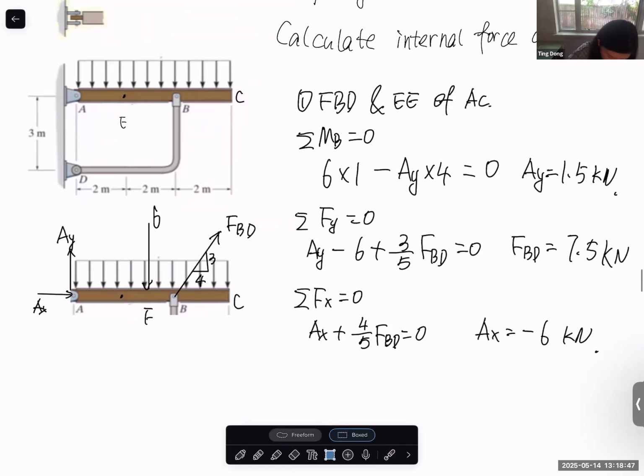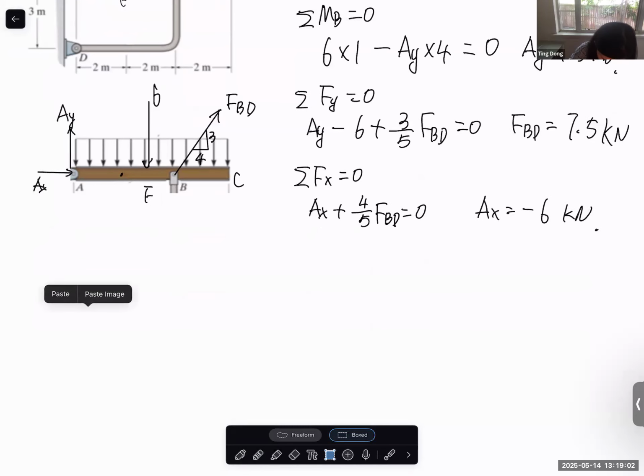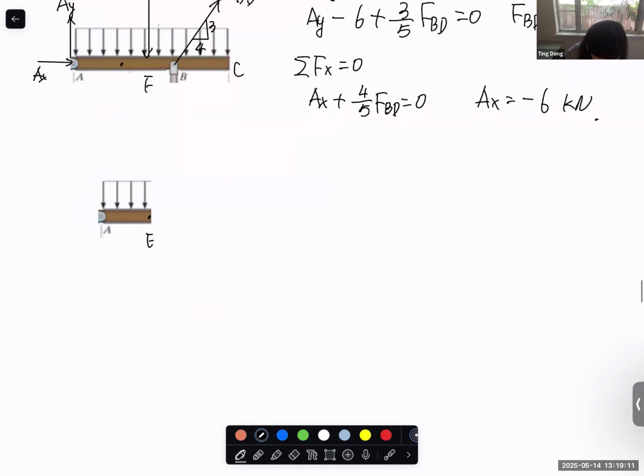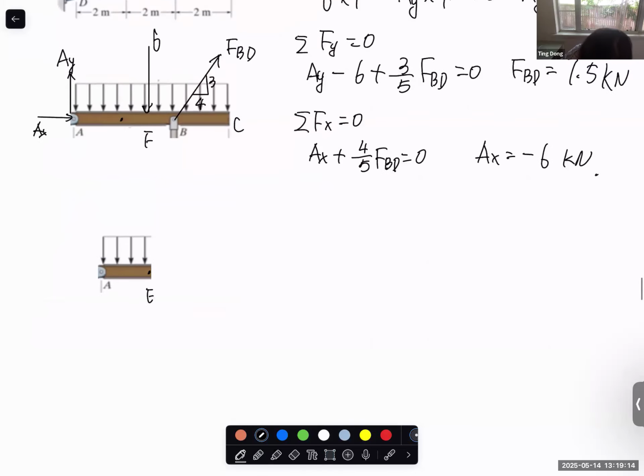Either side is fine. This is the E point. So we need to do the second step. We need to do a free body diagram and equilibrium equation of section AE.